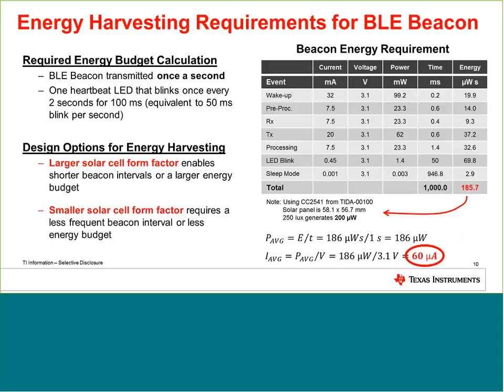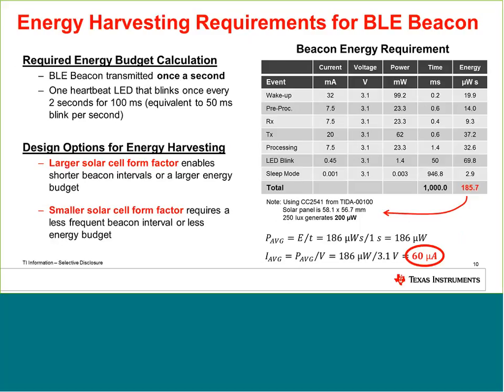So that is for sub-gigahertz. The problem arises when we are going with a BLE beacon, for example, and we are assuming here that the BLE beacon is transmitting once a second. In addition, we have a heartbeat LED that blinks every 2 seconds for 100 milliseconds, equivalent to a 50 millisecond blink per second if you're looking at the duty cycle.